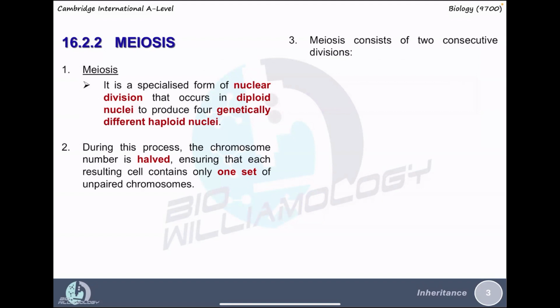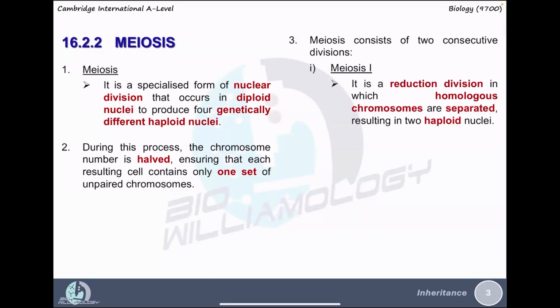Meiosis consists of 2 consecutive divisions. During meiosis 1, homologous chromosomes are separated, resulting in 2 haploid nuclei. But each chromosome still consists of 2 sister chromatids.